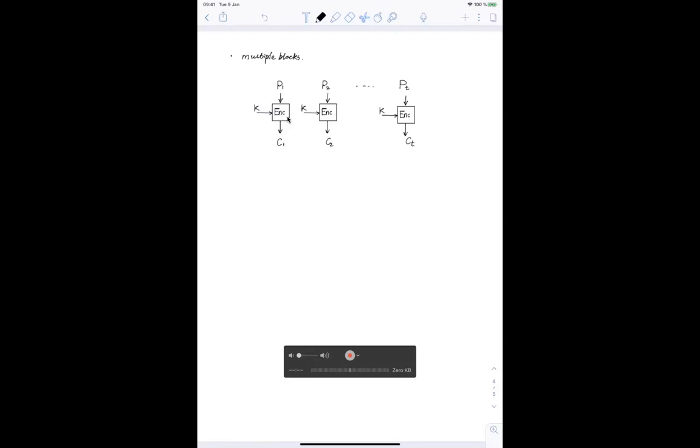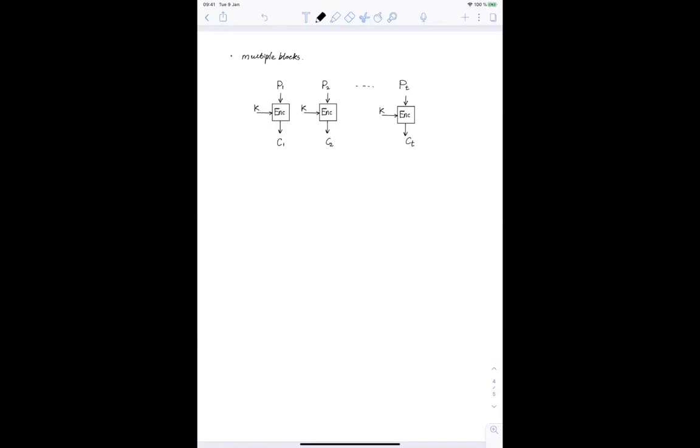It could be DES, which is not necessarily secure enough. It could be AES with 128-bit key, or even AES with 256-bit key. So the encryption here is a generic term to indicate the block cipher.